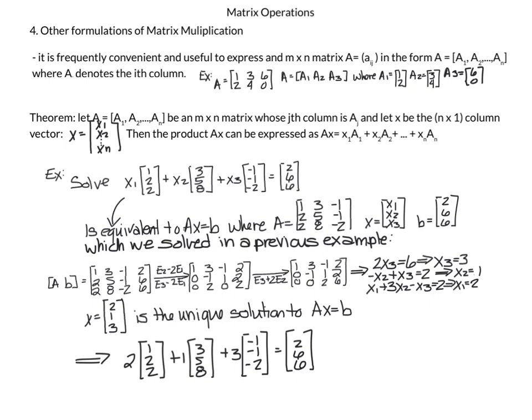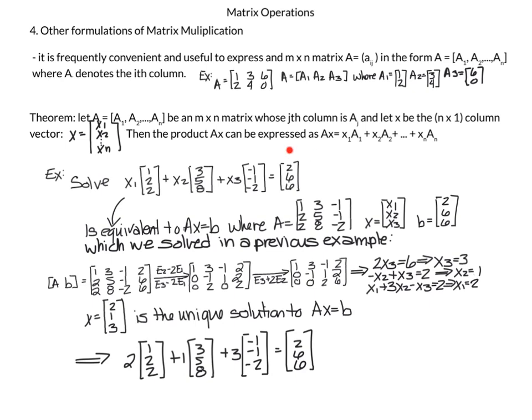And we solved this in a previous example, so I have the steps here just to remind you. And what we got is x equals 2, 1, 3 as the unique solution to this matrix equation. So if we multiply A times x, we will get b.